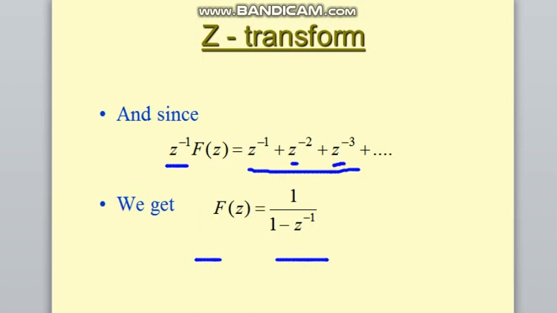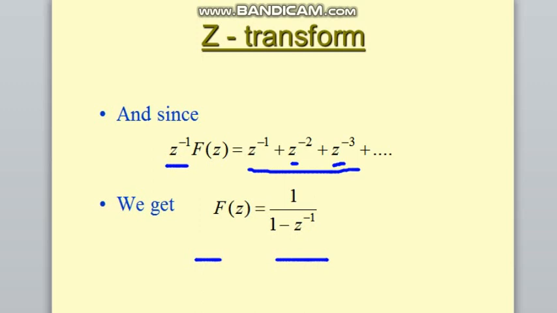Since it's an infinite series, it can be transformed by a binomial expression, that is 1 by 1 minus z to the minus 1. That is a power series conversion, popularly known as polynomial function conversion in mathematics. In algebra we particularly use this term.